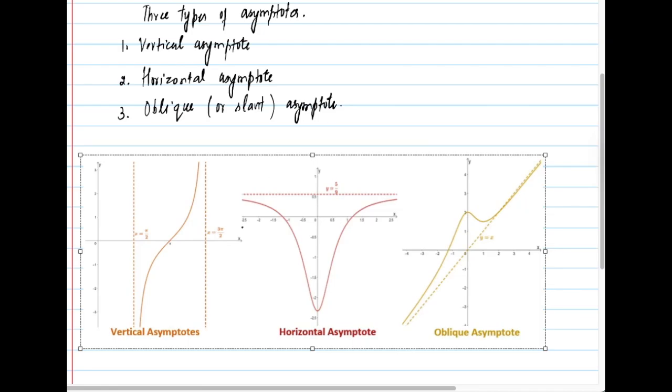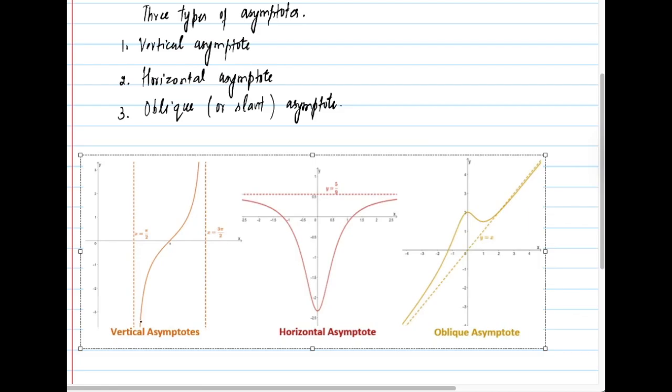Now let's look into this graph. In the first graph, where we are describing the vertical asymptote, we try to understand the relationship of the lines x equal to pi by 2 and x equal to 3 pi by 2 with the graph of this curve. If we look at the line x equal to pi by 2, we can see this line gets closer and closer to the curve when y approaches minus infinity.